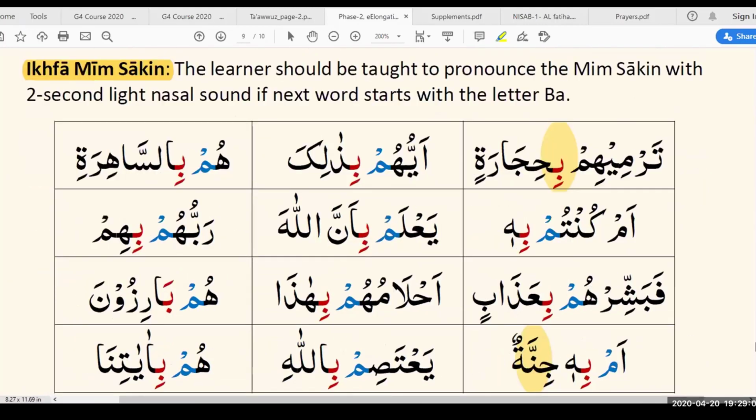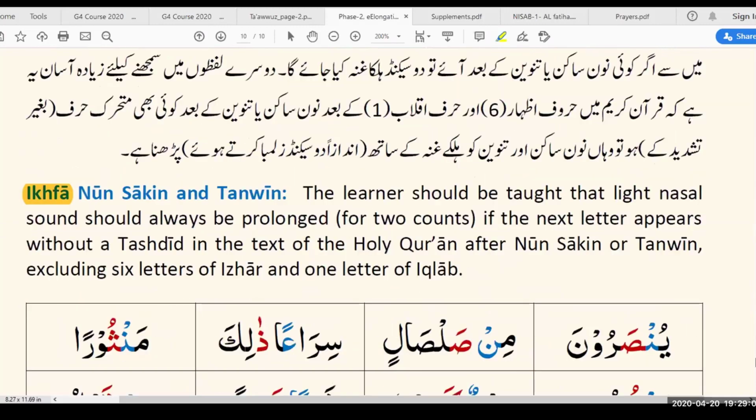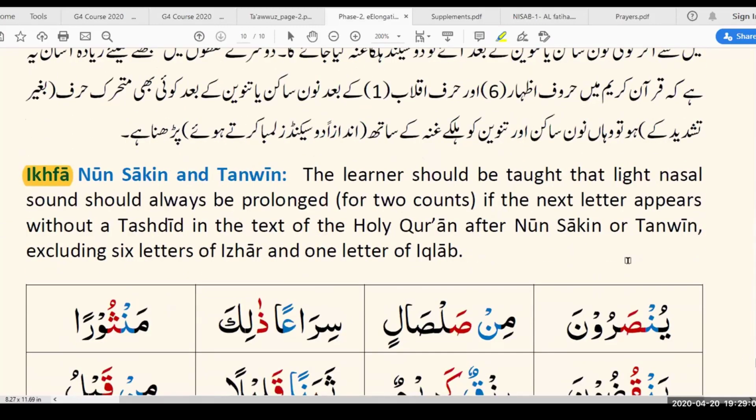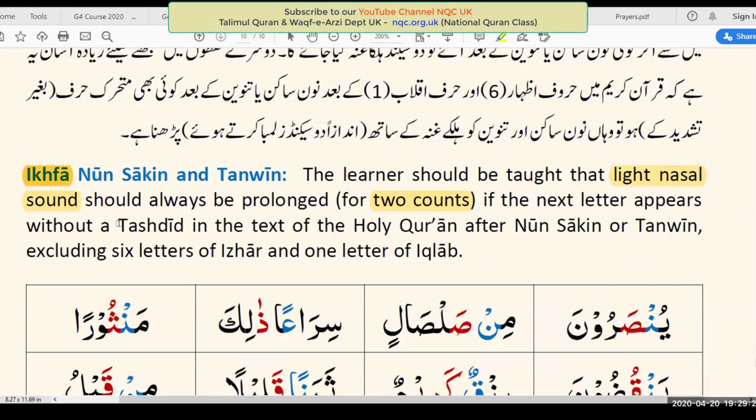The second part of this ikhfa is that we have to do a ghunna sound again for 2 seconds. Here I'm going to highlight this. Ghunna sound for 2 seconds again, if the next letter is anything that doesn't have a tashdeed.